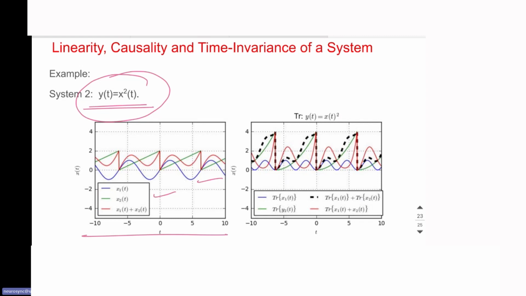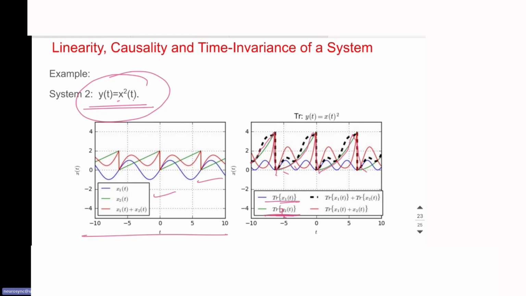Now if I apply the separate transformation on the first x1t and x2t, if I apply transformation on x1t, what will I get? This is the square of the signal. So you will get a waveform like this. Okay. If I apply the transformation x square t on this, you will get like this.